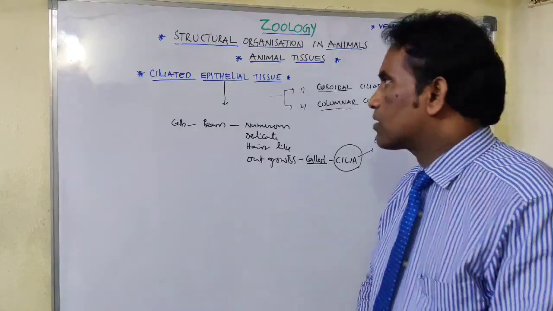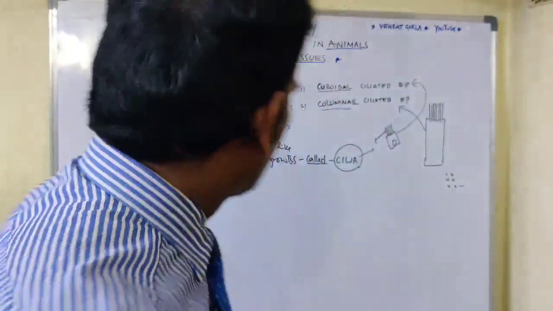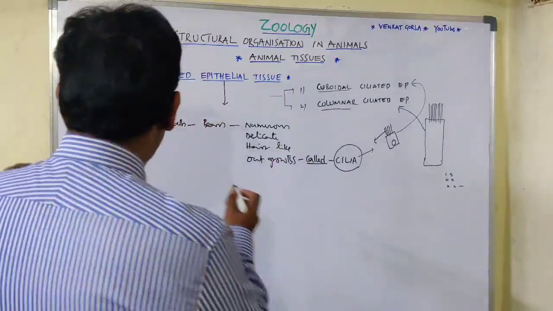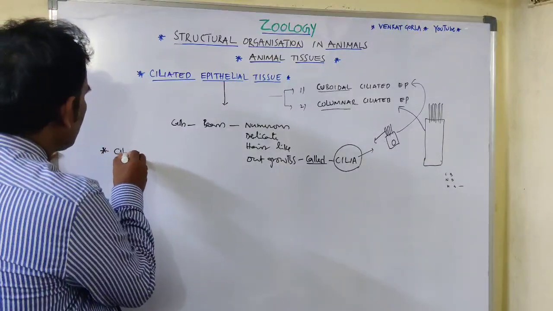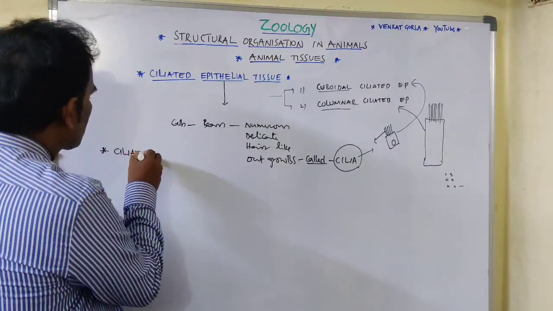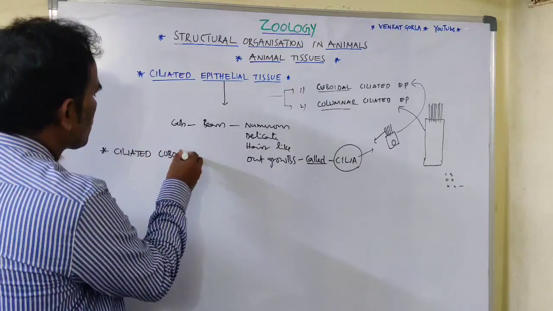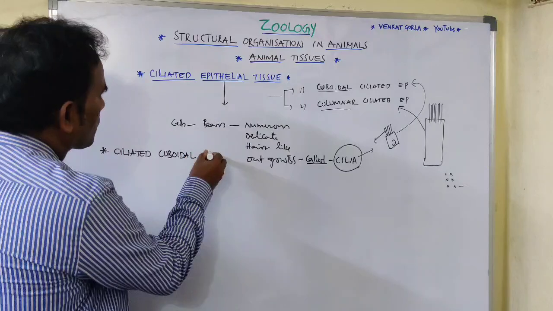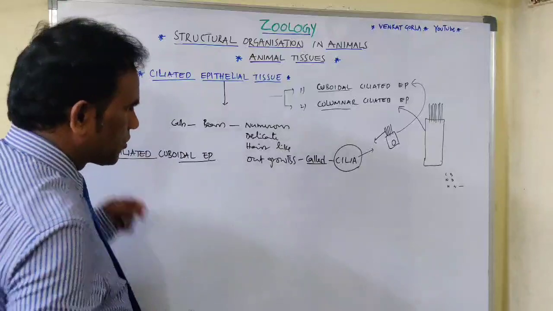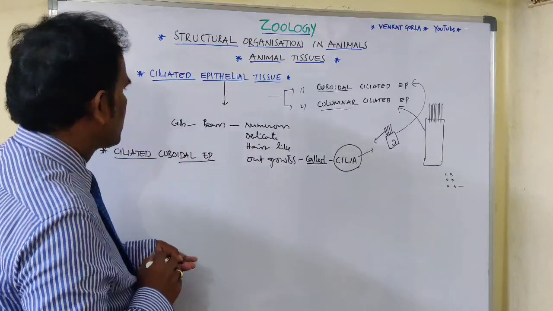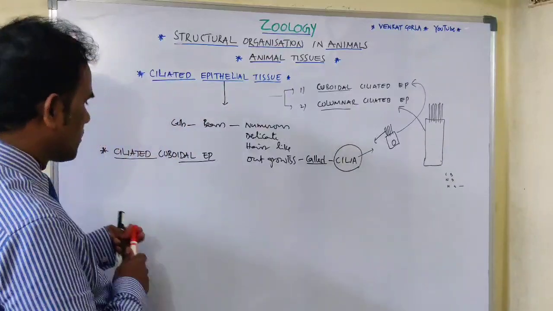Now let's take ciliated cuboidal epithelium. In this tissue, as we said, numerous hair-like outgrowths are present.